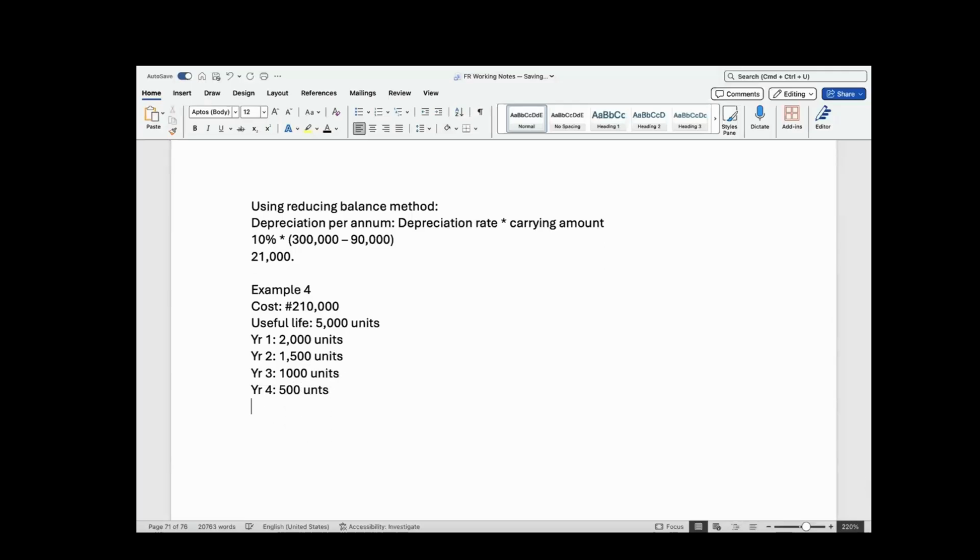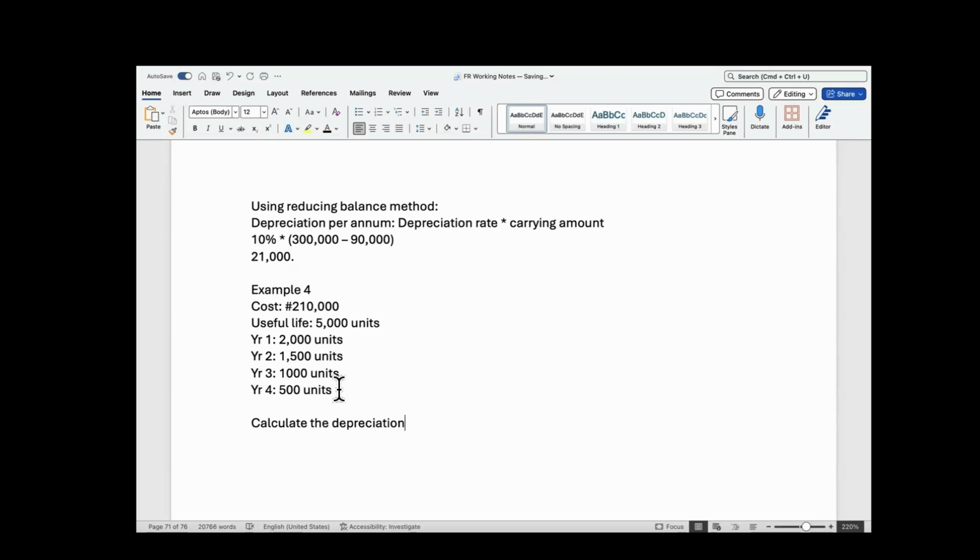So in this case, we're given the depreciation in units, and you are asked to calculate the depreciation. The resulting depreciation is not reducing balance, neither is it straight line.